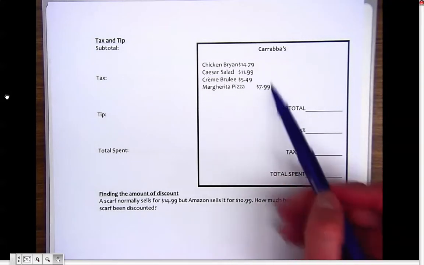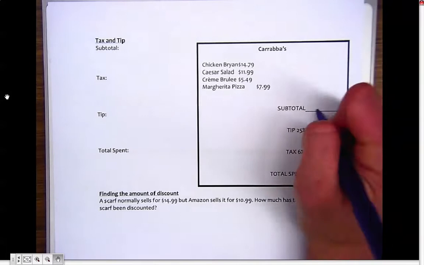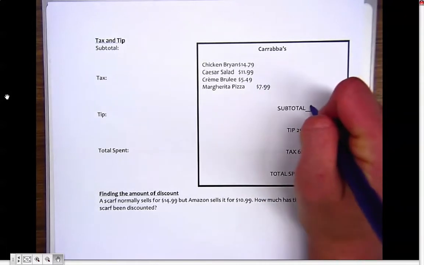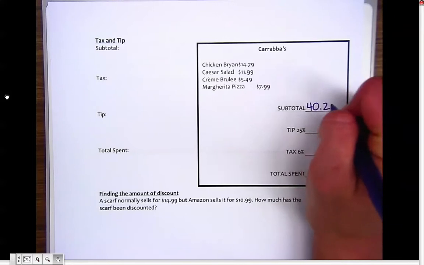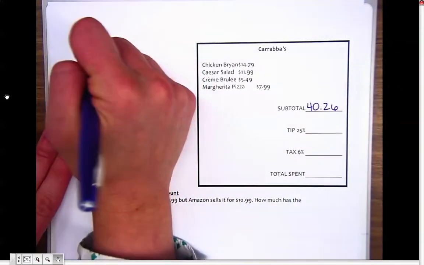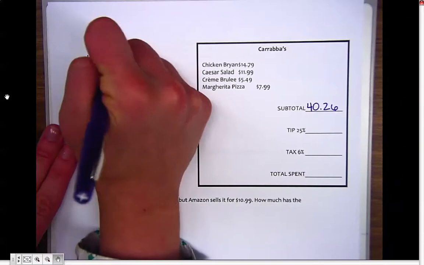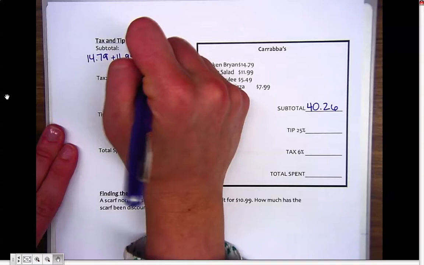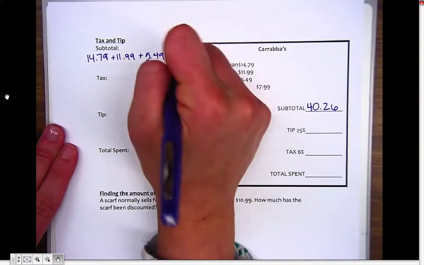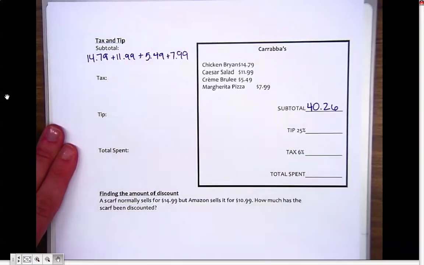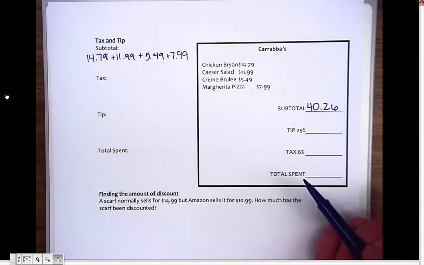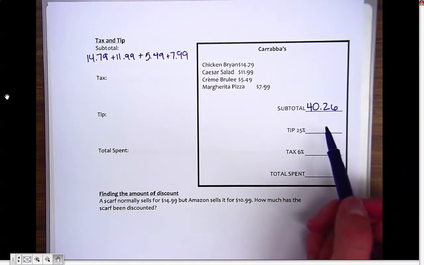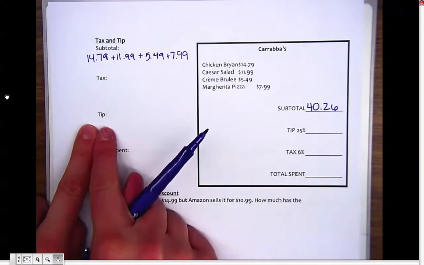If we add up the items, we get that our subtotal is $40.26. And we got that by adding $14.79 plus $11.99 plus $5.49 plus $7.99. When we add all of those, we get a total of $40.26.